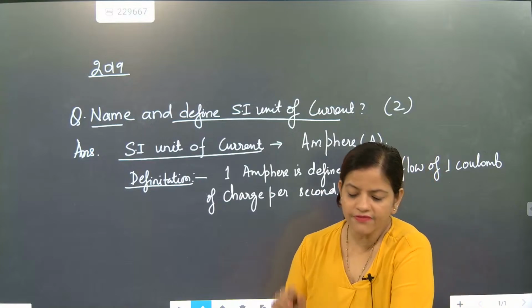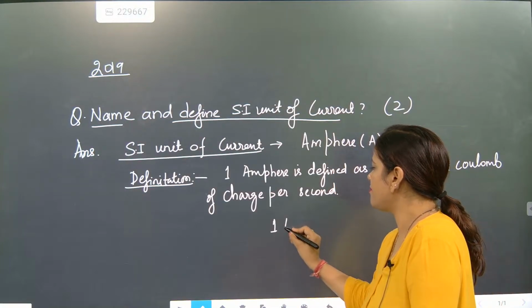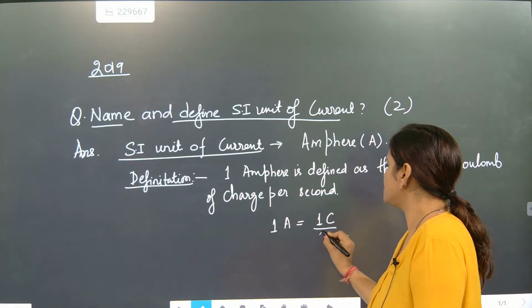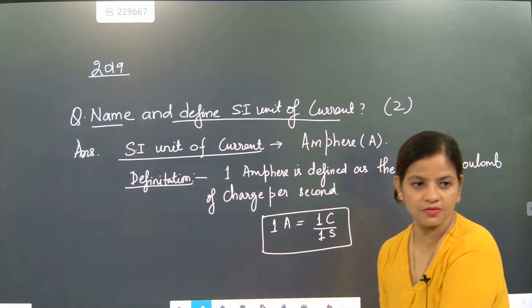Got it? And then finally we will box it. How are we going to box it? 1 ampere is equal to 1 coulomb of charge per 1 second. And this is presentation. Understood?